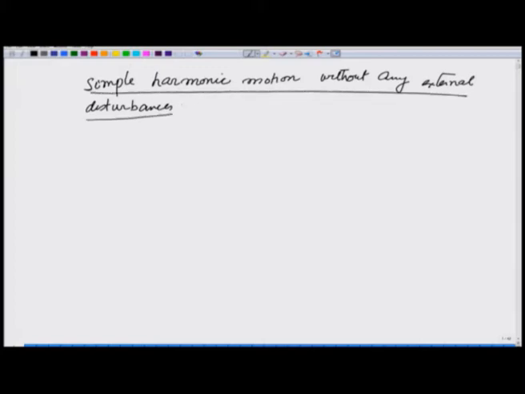What that means is that if I go back to my spring mass system, the only thing that is here is a spring and mass, and the equation of motion is m x double dot is equal to minus kx. There is nothing else in it.